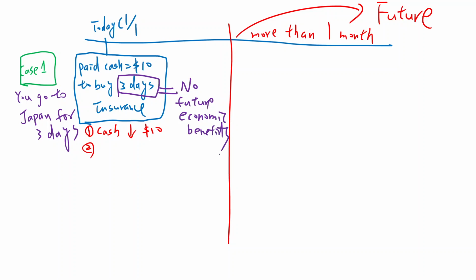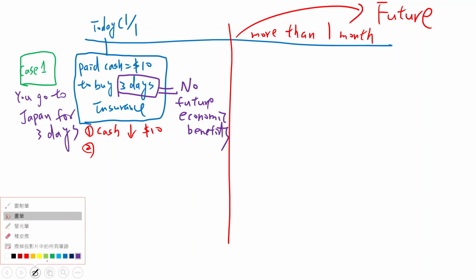Okay? No future economic benefits means what? You pay the money to get something, but this kind of thing is only for this time, no future. So we call it expenses. So that's why our expense, what's that?